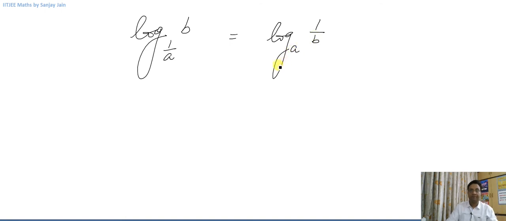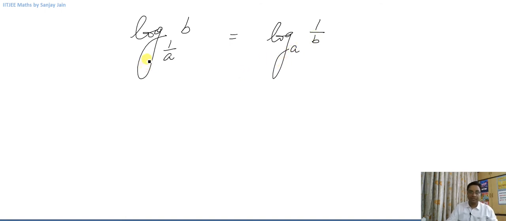Let us say you have got an expression log b to the base 1 by a. So what you can do is you can write it like this: log 1 by b to the base a.